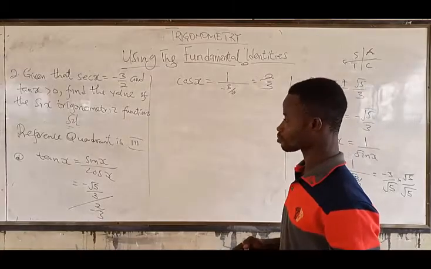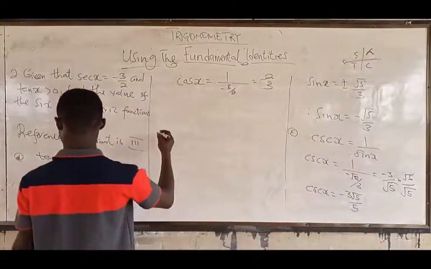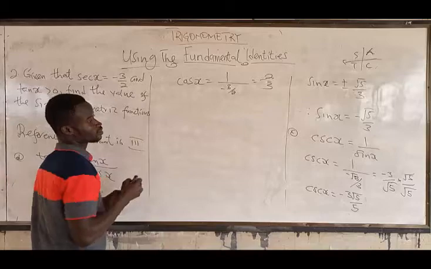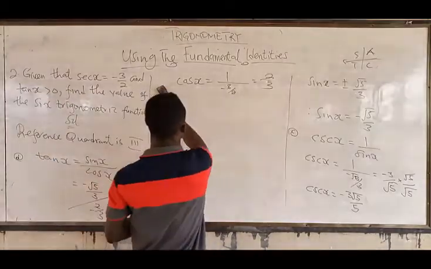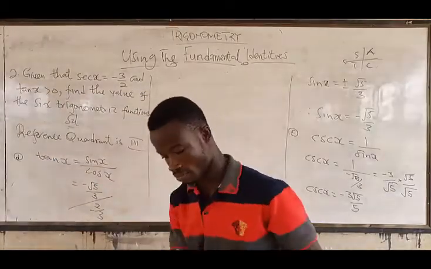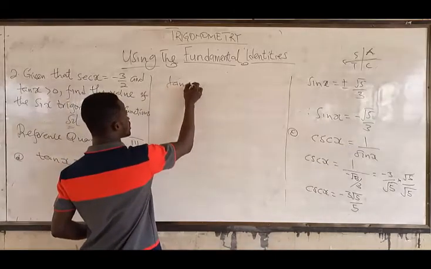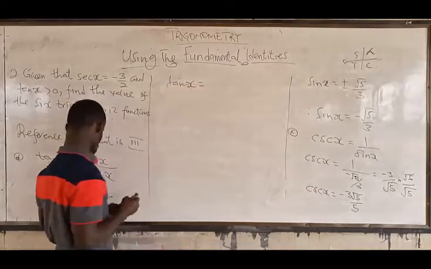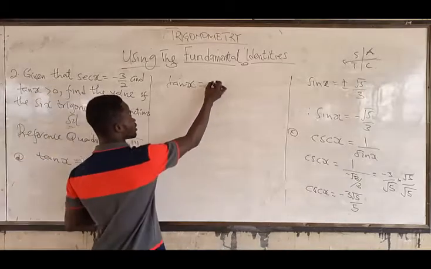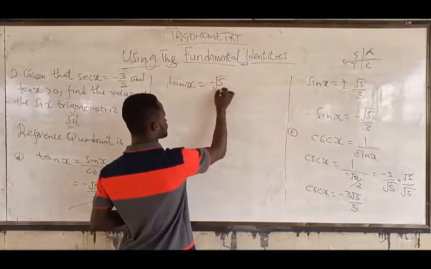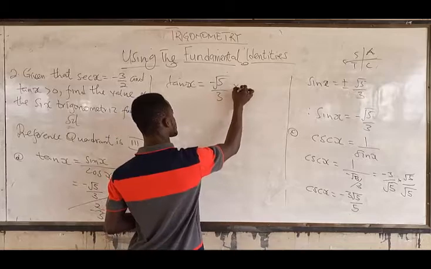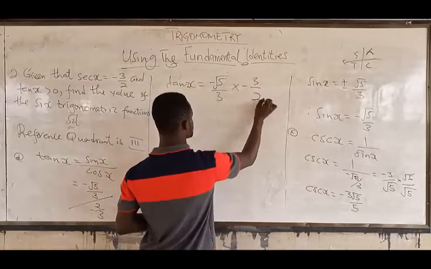Therefore, for us to get tan, tan x is going to be equal to negative square root of 5 over 3 times negative 3 over 2.